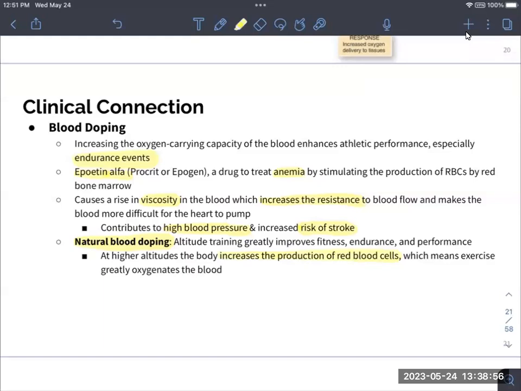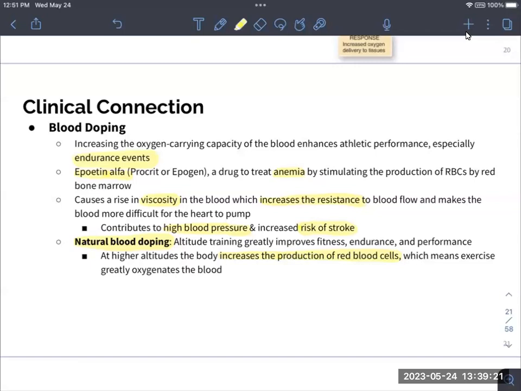And then when they go run races or participate in endurance events, they're usually down closer to sea level altitudes. So their body has more red blood cells, so they have access to more oxygen, so they're more efficient at their different activities.